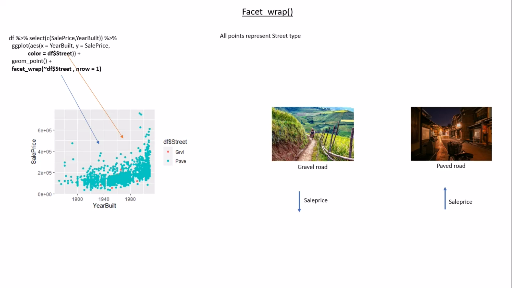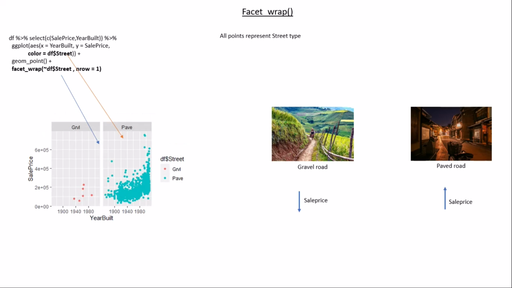Just type facet_wrap as a function, then put parentheses, put a tilde sign and write the name of the variable, like street, and I define the number of rows equal to 1.